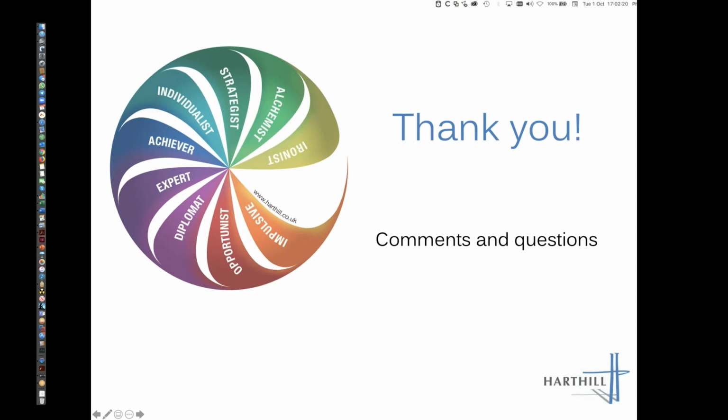Ethical considerations. Yes, the ethical considerations are real. I think they are in any approach. Anyone who adopts a specific approach and sort of lays it on the client, whether they like it or not, that's tricky.